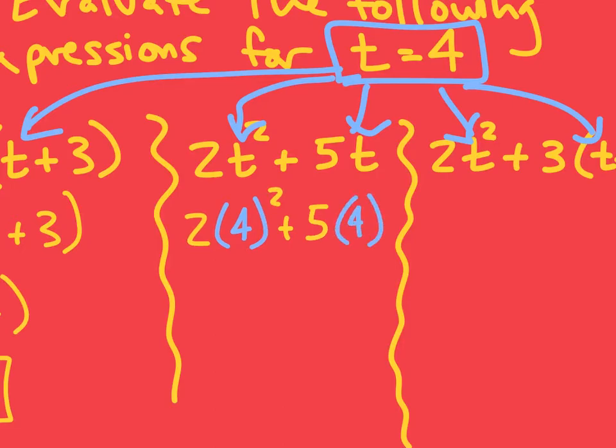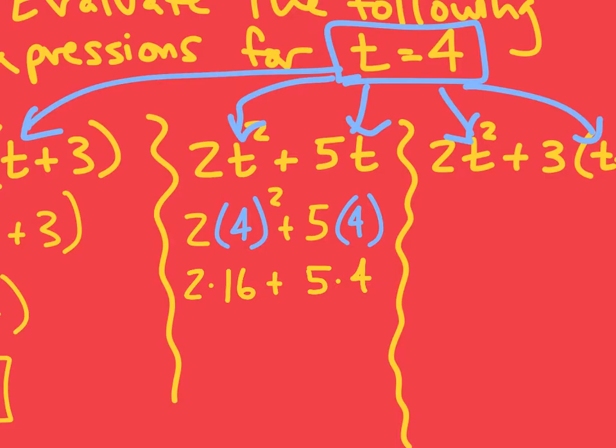From there, do I have any parentheses? No. Even though 4 is in parentheses, I don't have any operations within that. So then I do my exponent. I've got 4 squared, so 4 times 4 is 16. So I'm going to do 2 times 16, then plus 5 times 4.